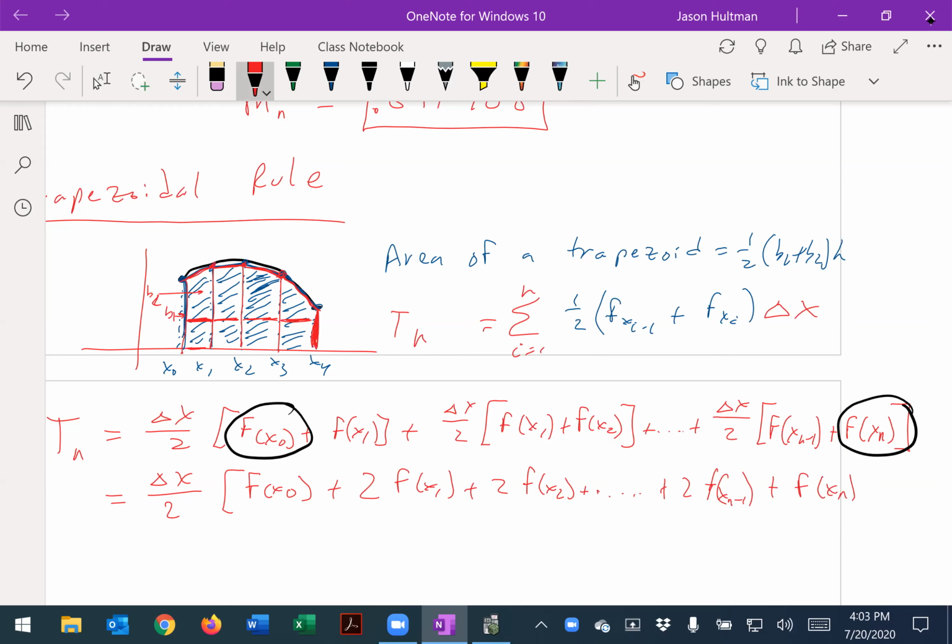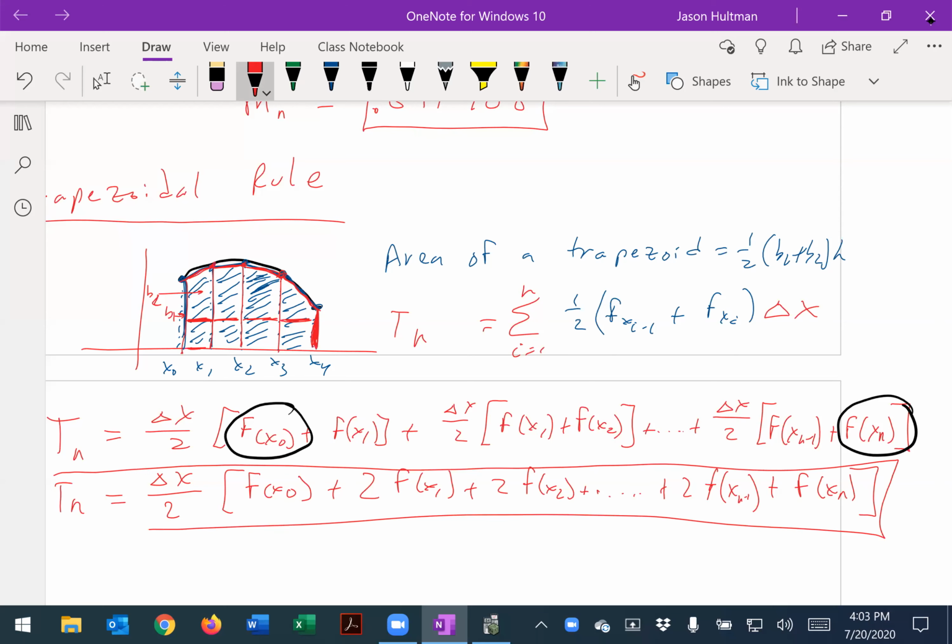The bookends here don't have 2's, everything else does. Good stuff. And that is the trapezoidal rule, in a nutshell.